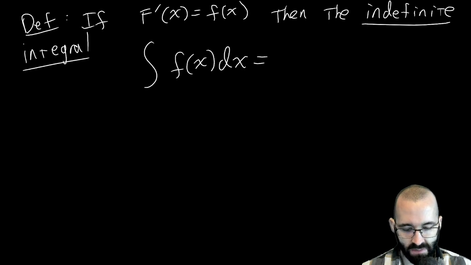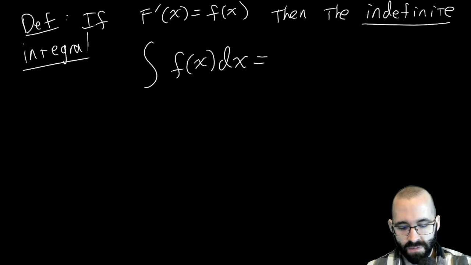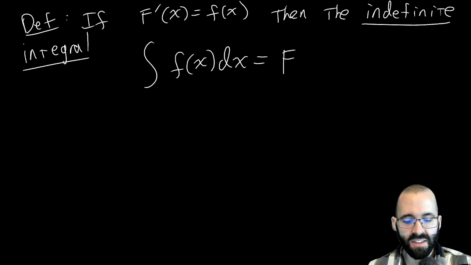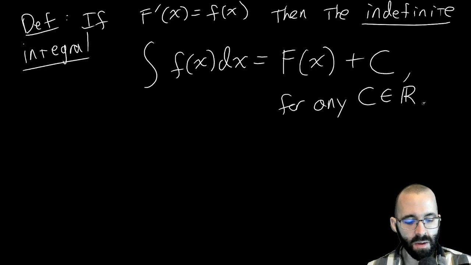So think about it as like a general integral. This is our antiderivative. Another way of writing that: if capital F is any antiderivative, then the indefinite integral is just that antiderivative plus any constant C, for any capital C that's a real number.